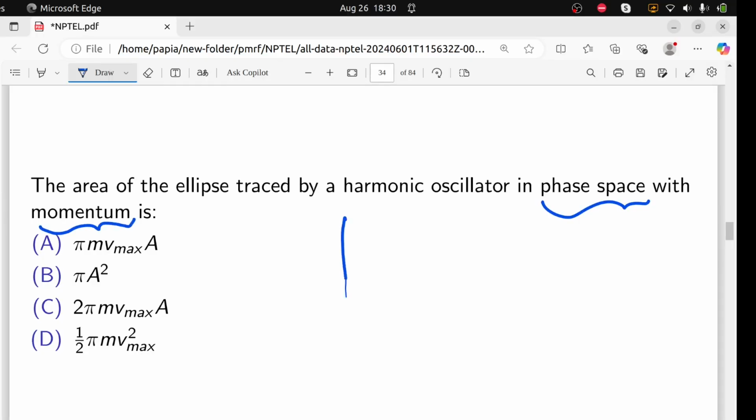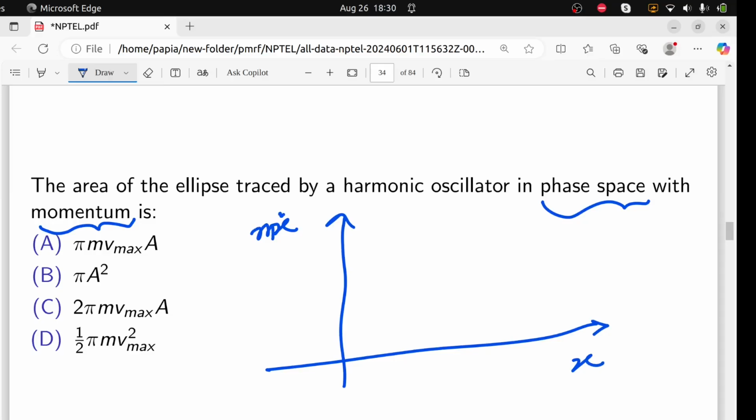That means I can have a plot like that, phase space with momentum. Here it is x, and this is m x dot. This is the momentum, right? So x with m x dot.